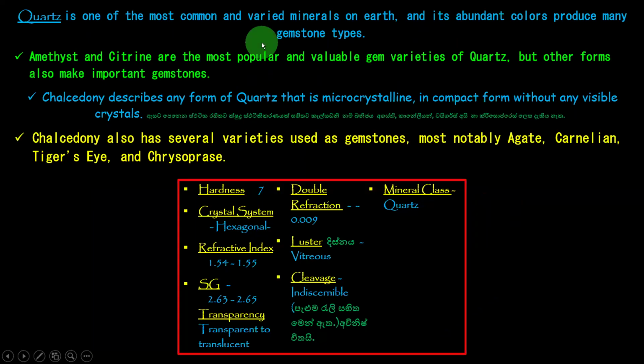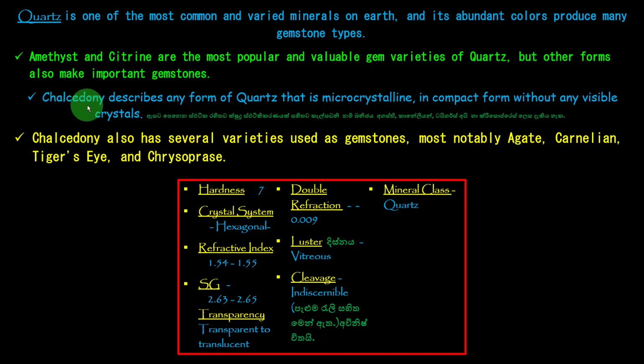Quartz is one of the most common and varied minerals on earth. Its abundant colors produce many gemstone types. Amethyst and citrine are the most popular and valuable gem varieties of quartz, but other forms also make important gemstones.